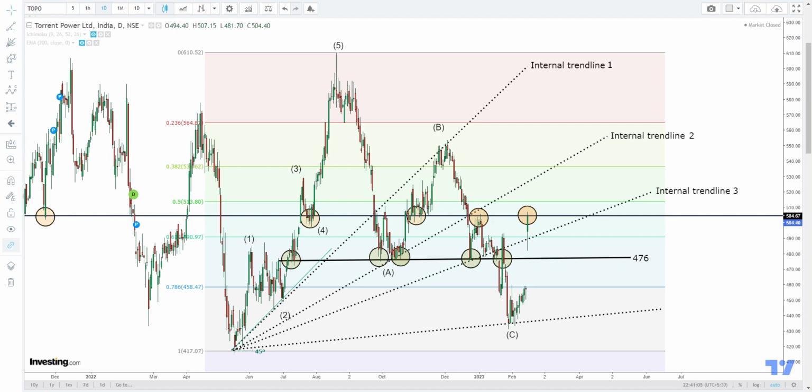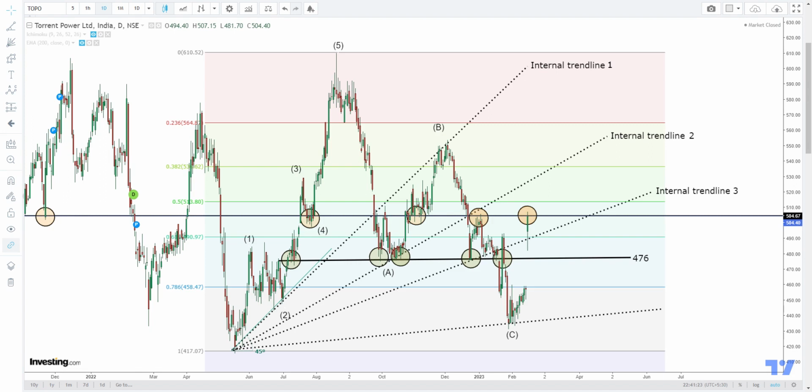Now the second support and resistance band, if we try to understand, is 476. Before the gap, the price was continuously taking support of this particular area, and recently it broke with very sharp momentum, and then again it pulled back, and today it made a huge gap. Correct?